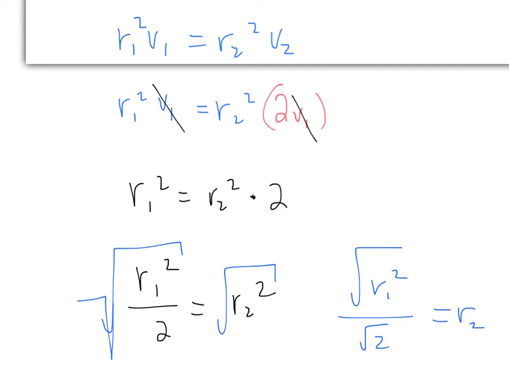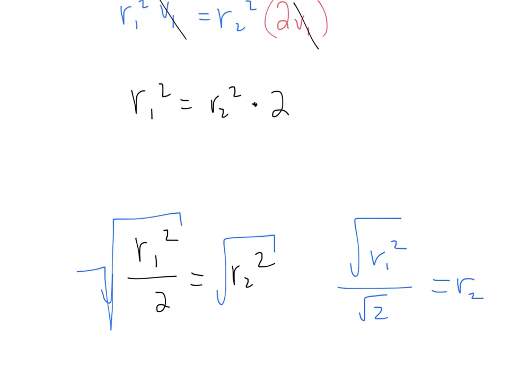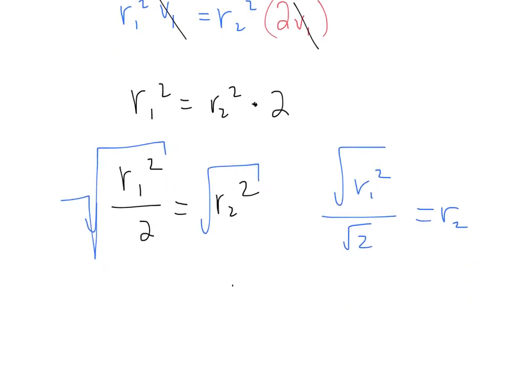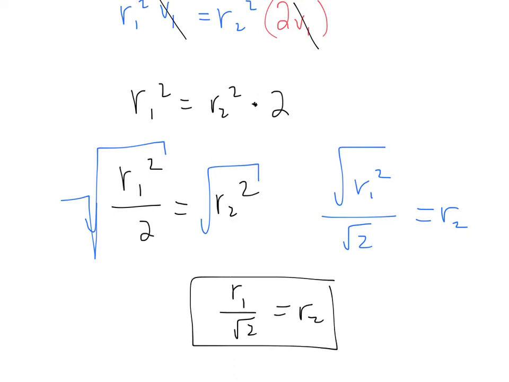So it becomes R1 over radical 2, exactly what you did to check the answer. Algebraically, you could see a lot more power in this than if you just plug in numbers. So you take 4 divided by radical 2, you get 2.8 centimeters.